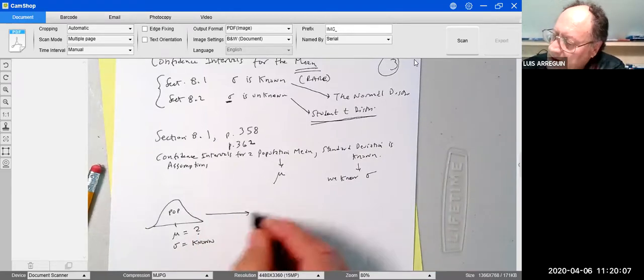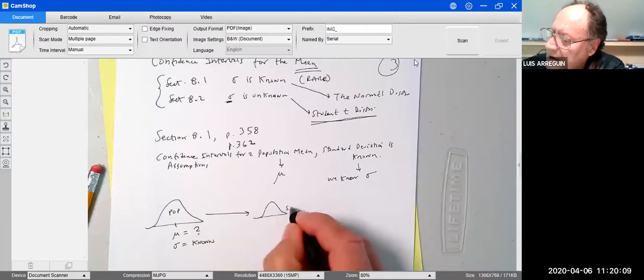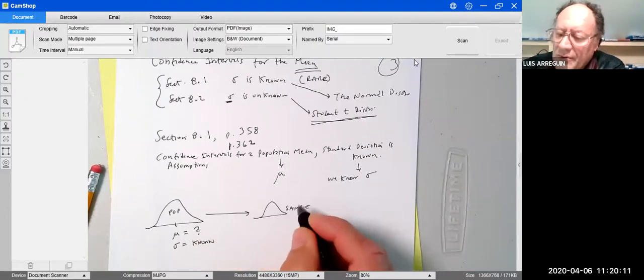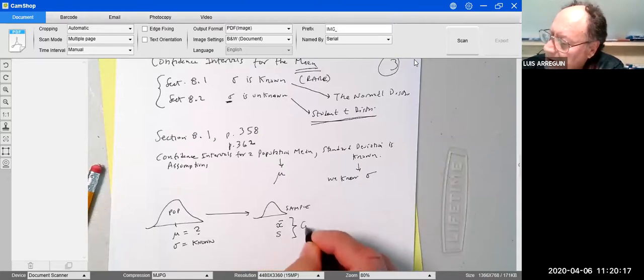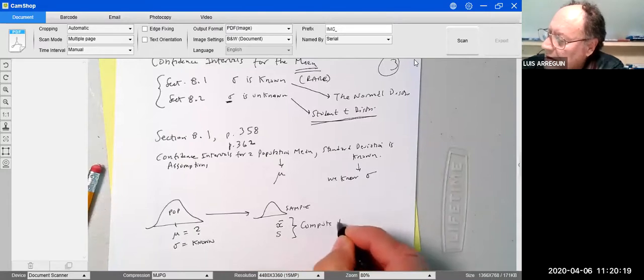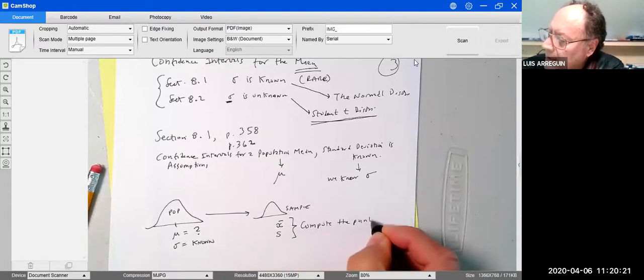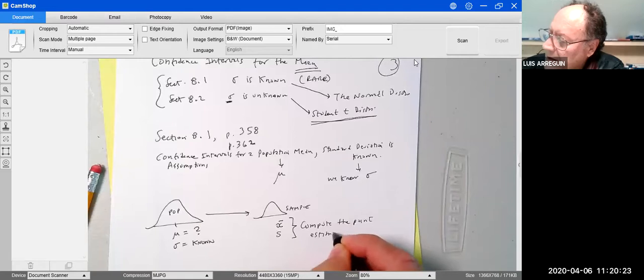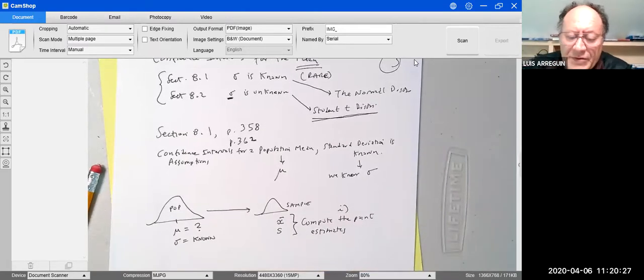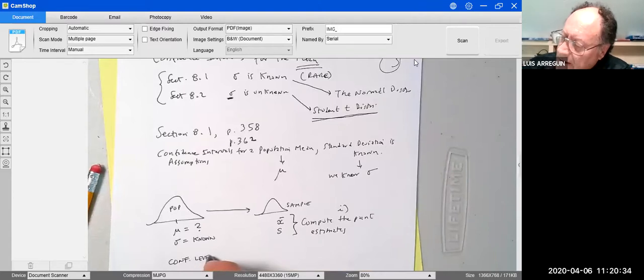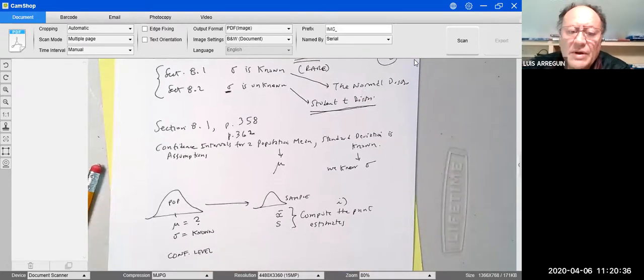So we're going to collect a sample as usual. We're going to have a sample, and we're going to proceed immediately to compute the mean and the standard deviation. So we compute the point estimate. That's our first step. Later we need to know the confidence level of the interval that we want to build.